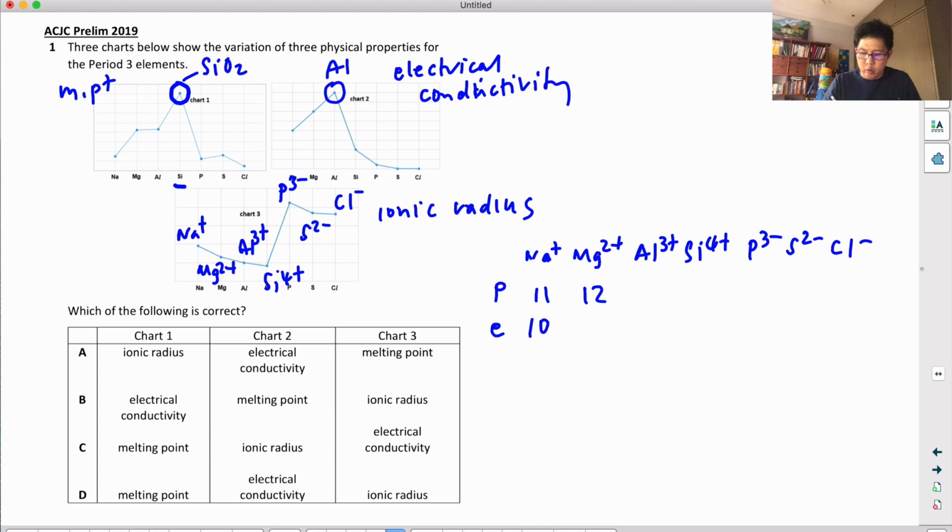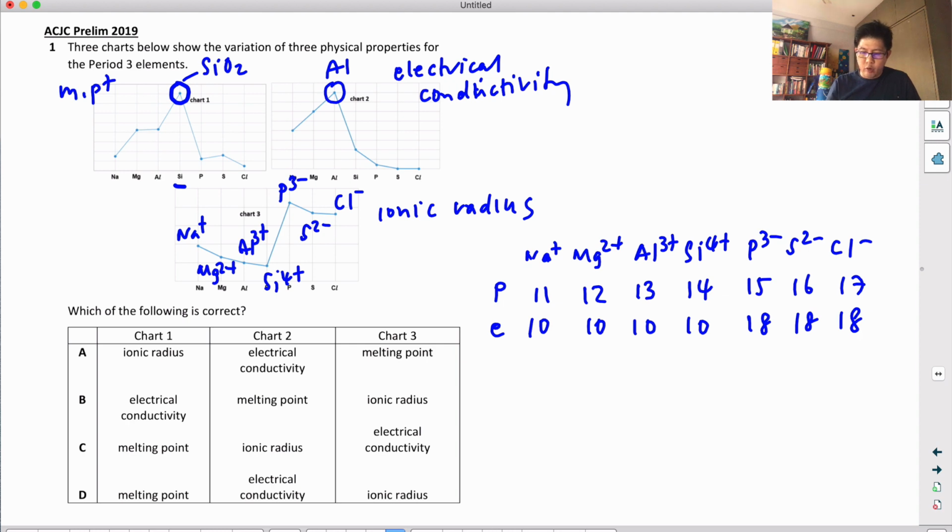Magnesium has 12 protons, and because it has lost 2 electrons, it has 10 electrons. Aluminum has 13 and 10. Silicon has 14 and 10. For phosphorus, there are 15, 16, 17 protons, but since they gain 3 electrons, it's 18, 18, and 18. Can you see that?